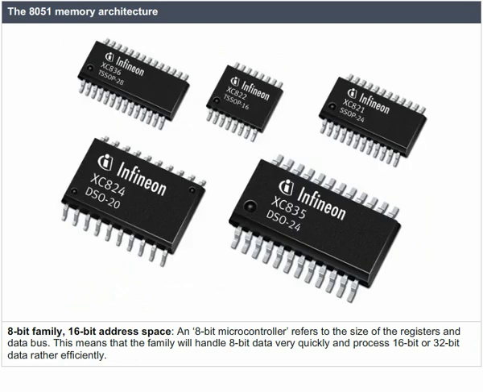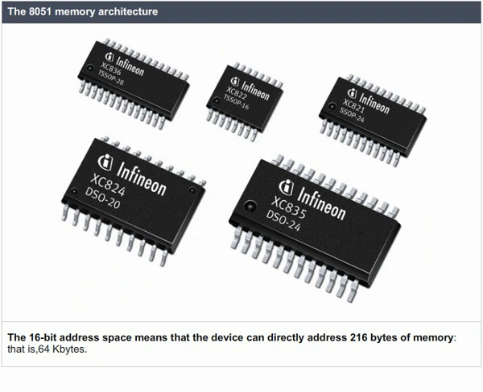An 8-bit microcontroller refers to the size of the registers and data bus. This means that the family will handle 8-bit data very quickly and process 16-bit or 32-bit data rather less efficiently. The 16-bit address space means that the device can directly address 2^16 bytes of memory, that is 64 kilobytes.